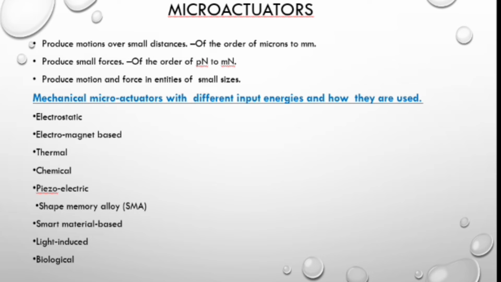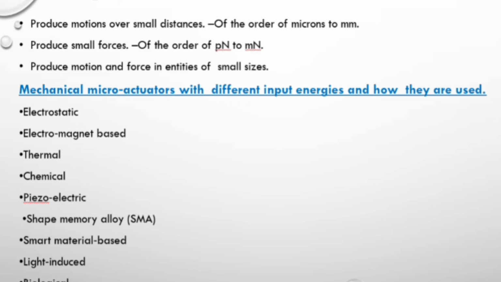Microactuators produce motions over small distances, of the order of microns to millimeters. They produce small forces, and they produce motion and force in entities of small sizes.